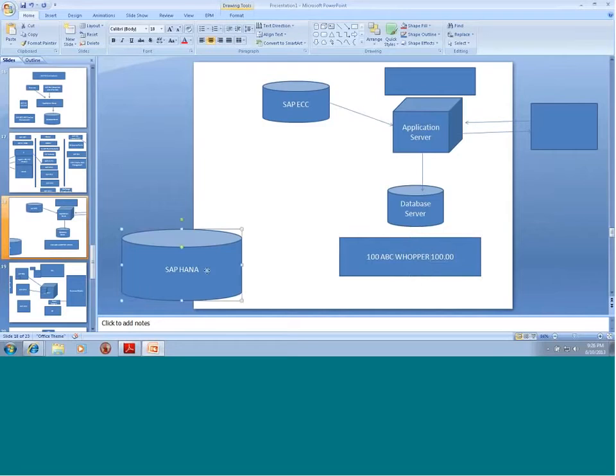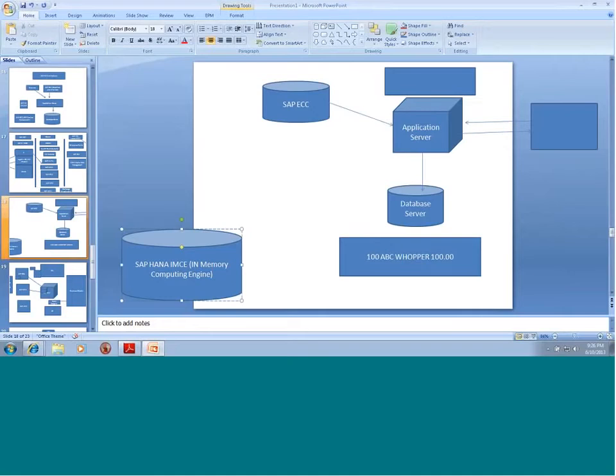So there is a lot of input output and massaging of the data that needs to happen in a traditional database environment. When it comes to HANA, HANA uses a different technology altogether. It uses something called IMC, which is the in-memory computing engine. It is something similar to what Google is doing.